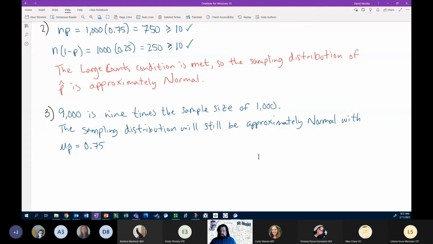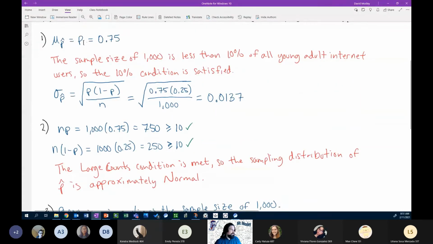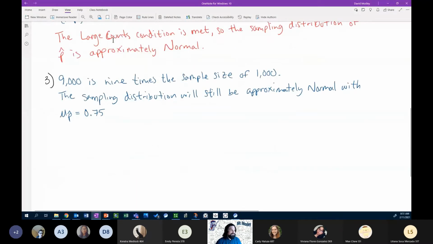The mean doesn't change because the mean is only affected by the population proportion. We're not changing the population proportion, right? Our calculation for the mean only involves p. We don't have to worry about the sample size when calculating the mean. We do when it comes to the standard deviation.